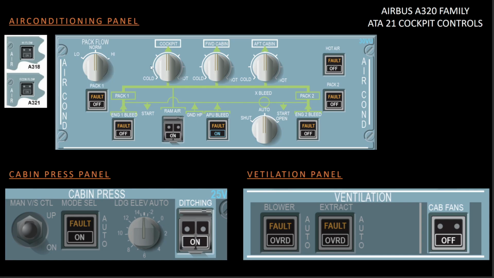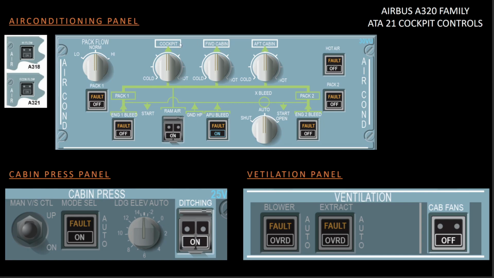Then you have 3 rotary selectors. On top of that you have 3 boxed headings: cockpit, forward cabin and aft cabin.